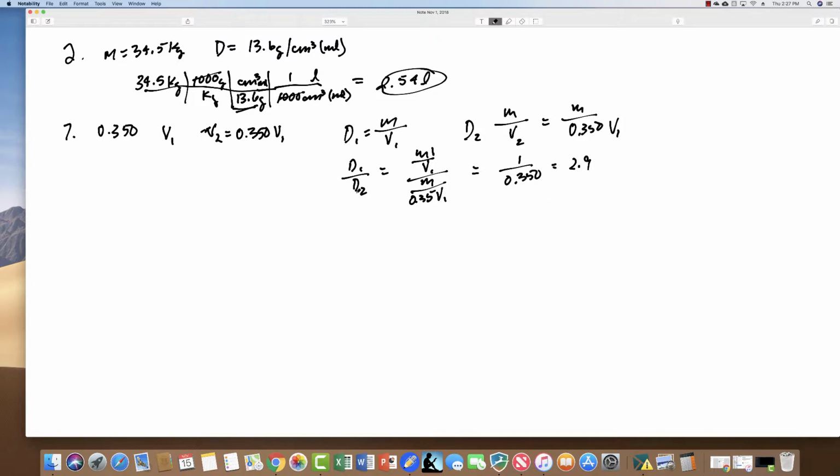So that means that the new density is 2.9 times what the density was before it was compacted.